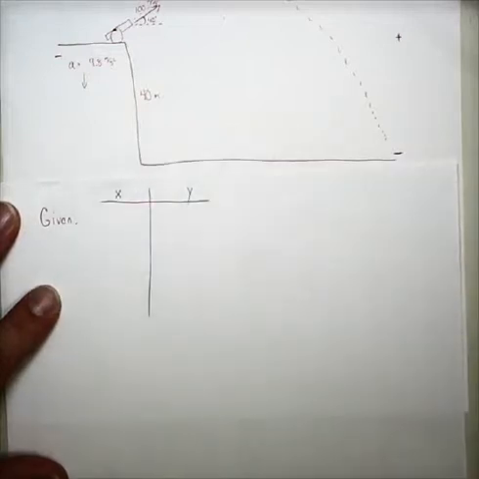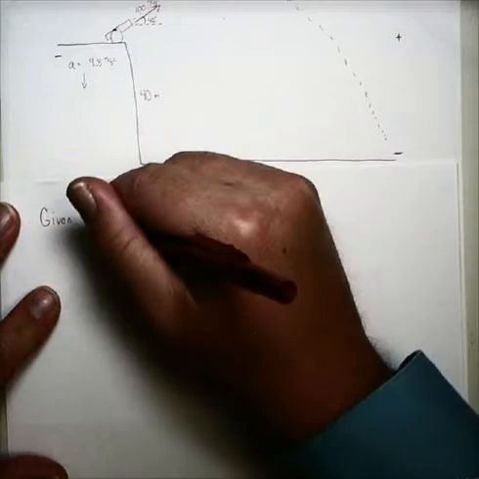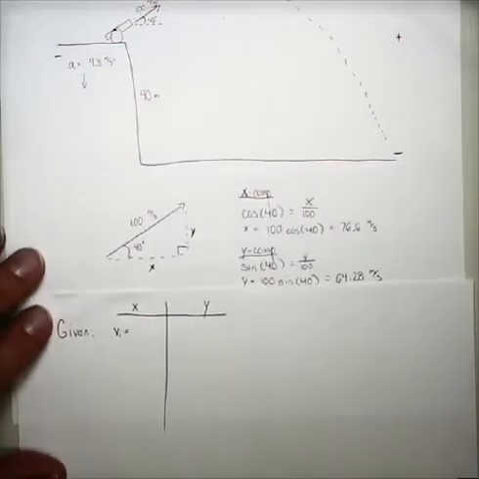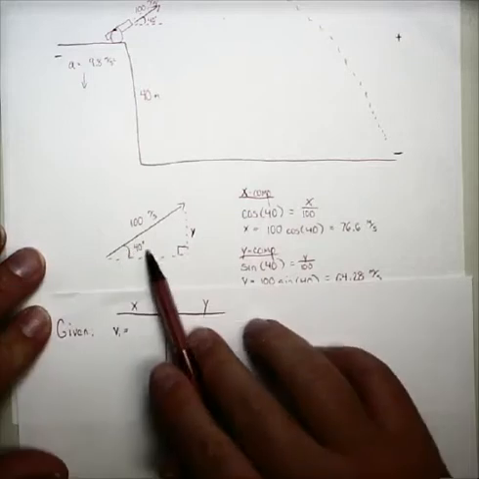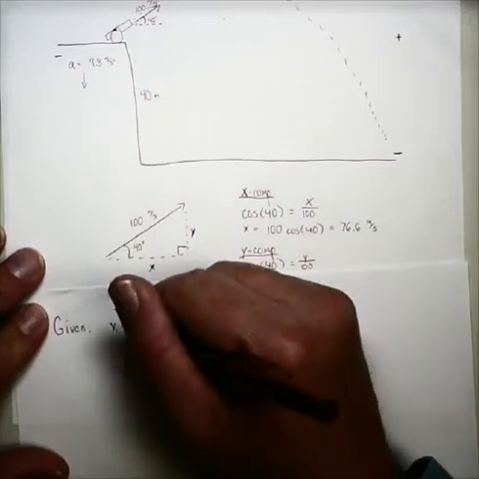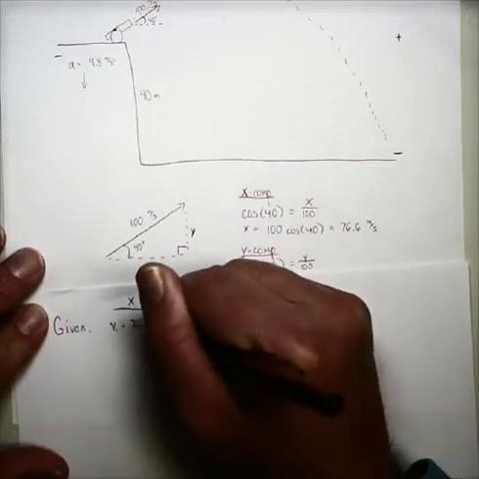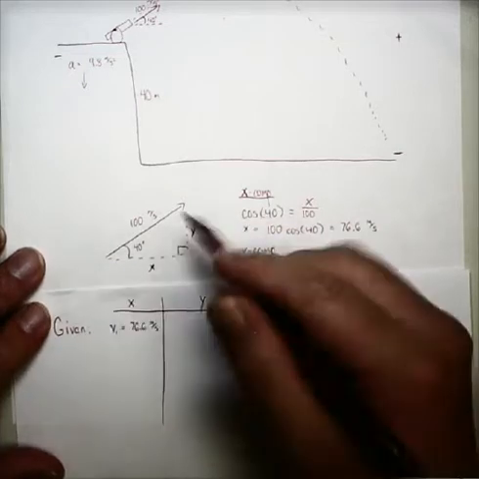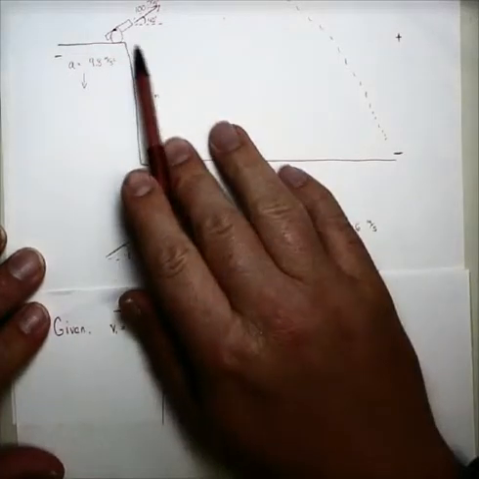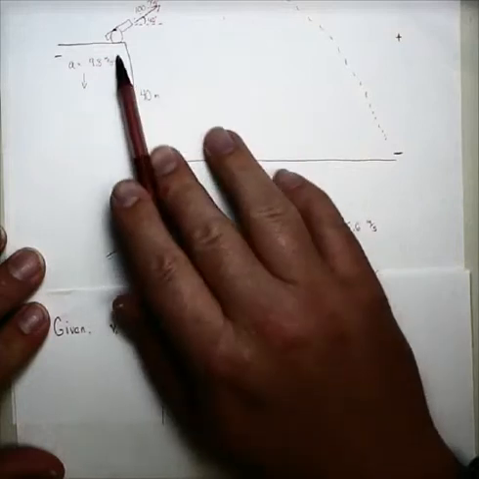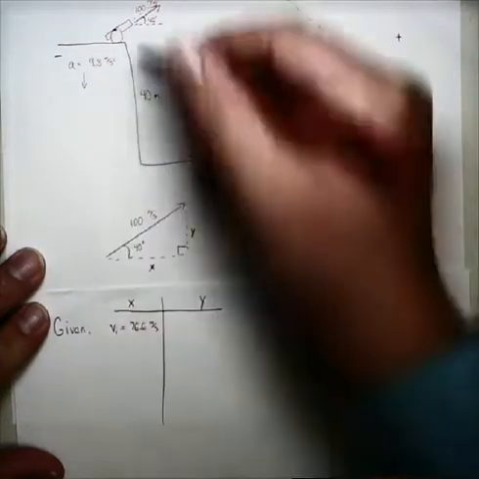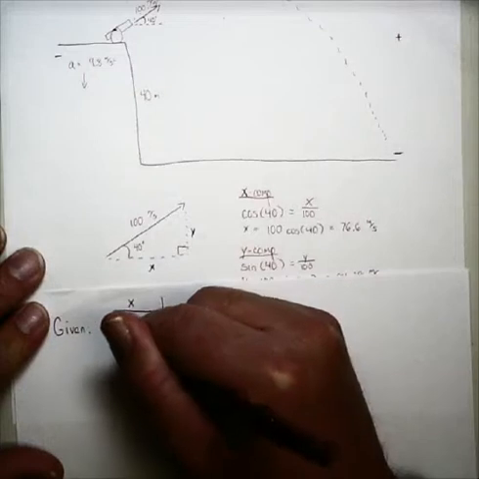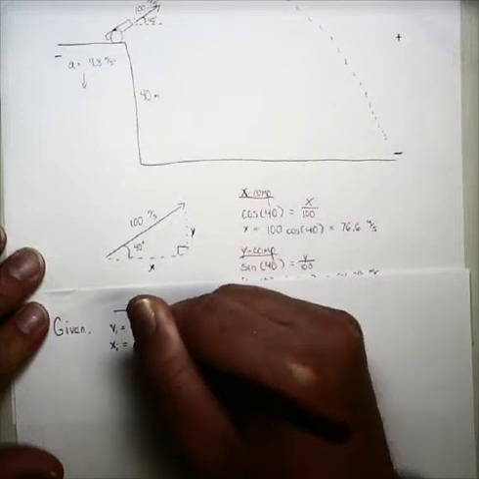So in the x direction, I do know the initial speed, and I know this from my calculations here, that the initial speed in the x direction was 76.6 meters per second. I can say for my initial position in the x direction, not that it matters much, but I can call it 0, so I can say that this is 0 on the x-axis. If I really need to, that's not an issue.